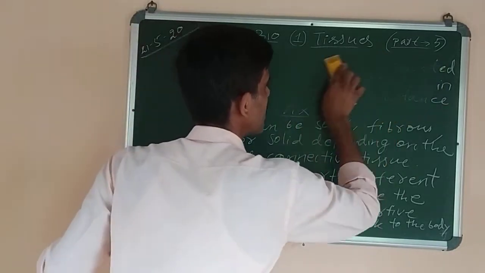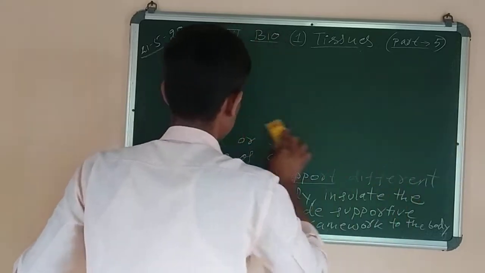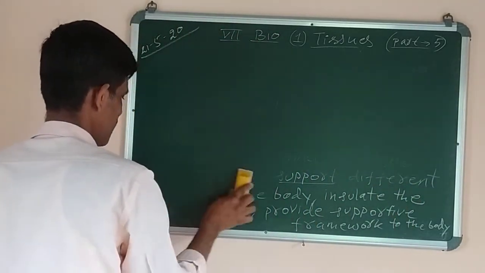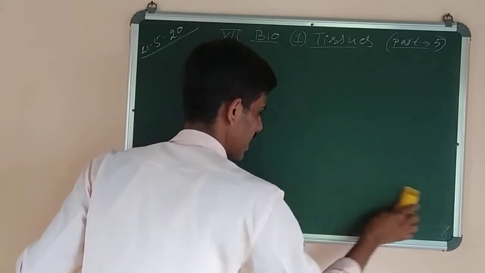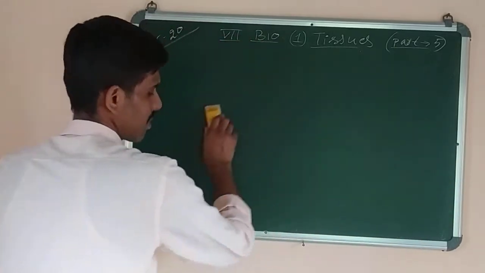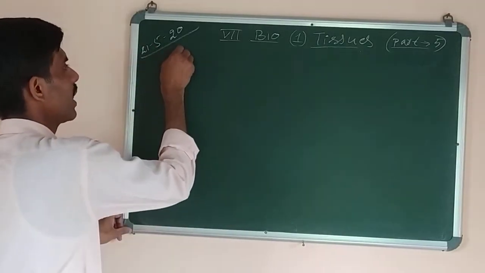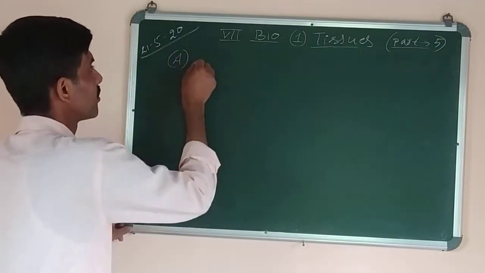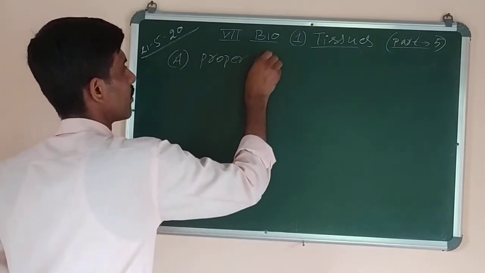Now next we have to start with proper connective tissue. This was just the heading, the connective tissue. Now we have the proper connective tissue. Number A, the classification we had done. Connective tissue proper.